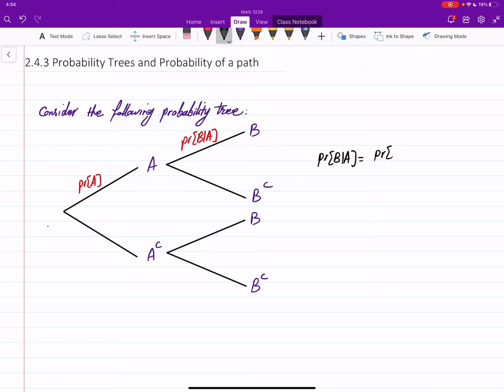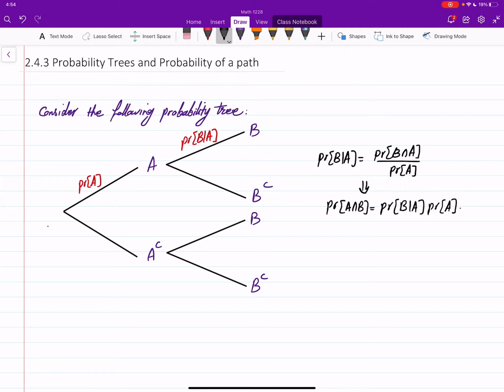This is probability of the intersection divided by probability of the known part. Now, if I multiply this to the other side, I'll get probability of intersection is equal to probability of B knowing A times probability of A.